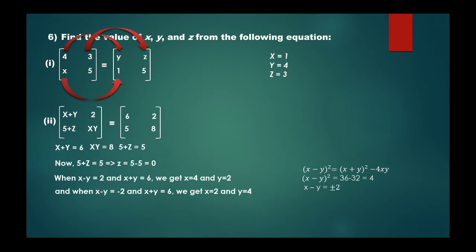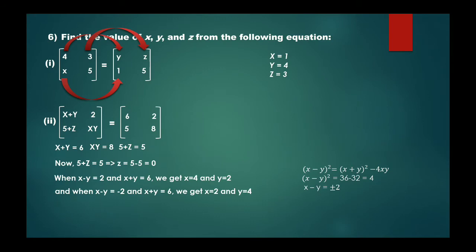When x minus y is equal to 2 and x plus y is equal to 6, we get x as 4 and y as 2. And when x minus y is minus 2, the next case, and x plus y is 6, we get x as 2 and y as 4.